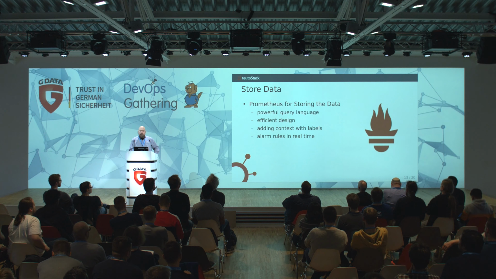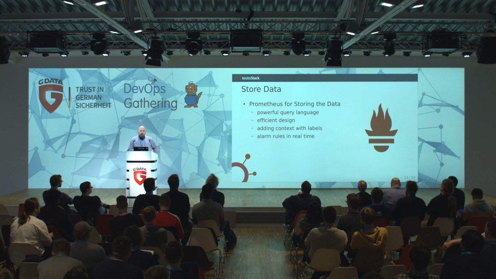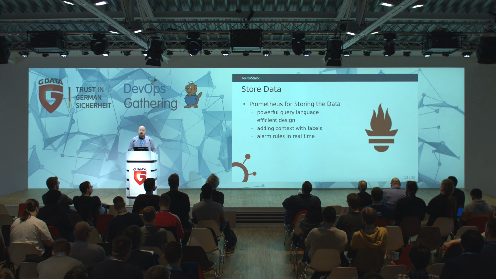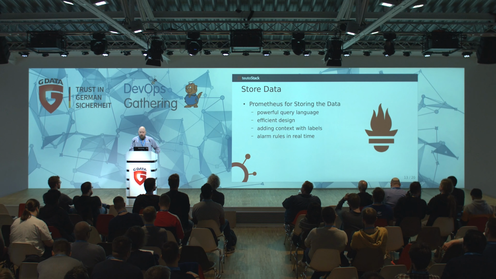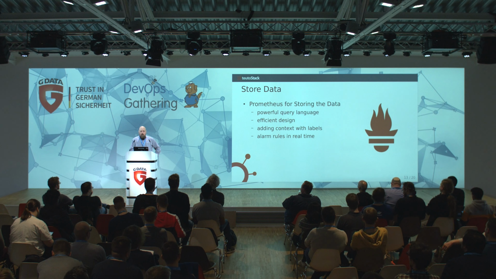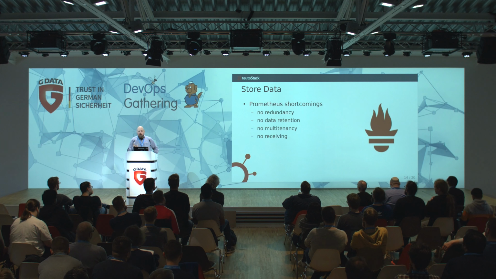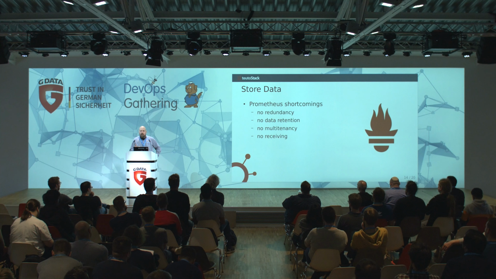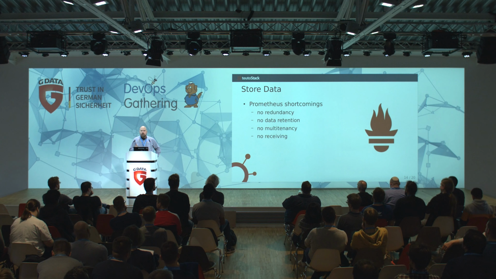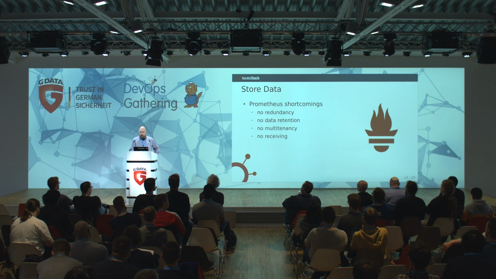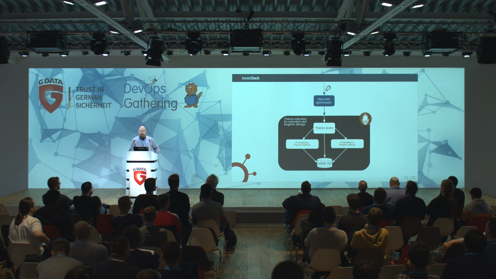And as I mentioned, we chose Prometheus for its powerful query language and its efficient design. But Prometheus also has some shortcomings. It has no redundancy, no data retention, no multi-tenancy, but there are certain open source projects to circumvent these limitations.